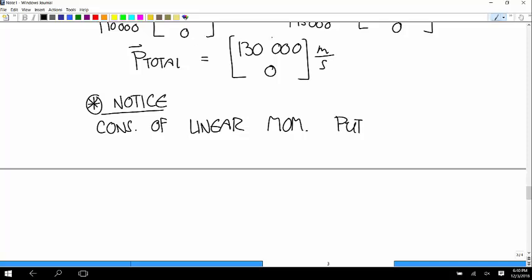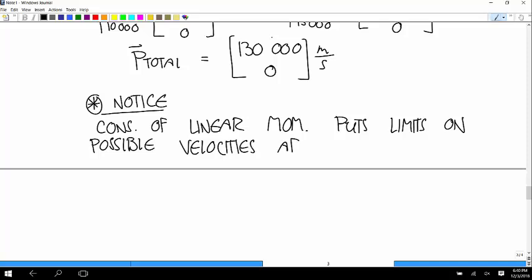You know, it puts limits on the possible velocities after a collision. But it isn't ever enough to solve by itself.